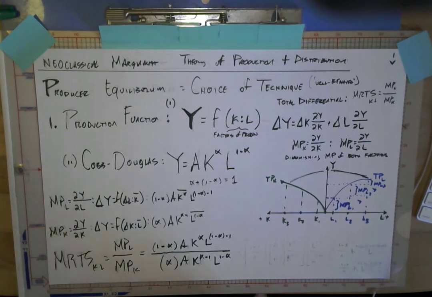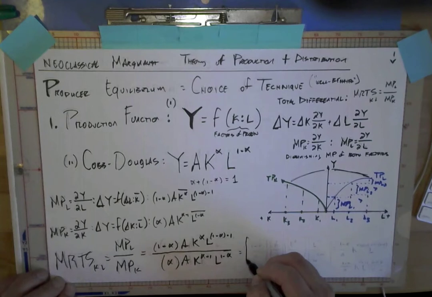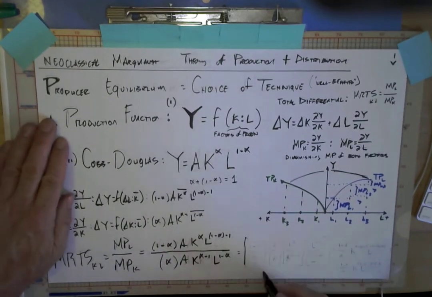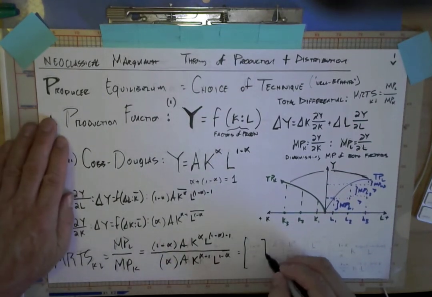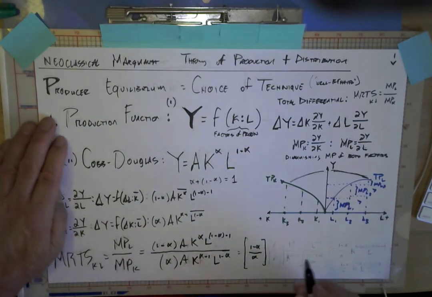So then you're going to break up that fraction. This is going to be equal to the first bracket, 1 minus alpha over alpha. So whatever alpha is, the parameter, you're going to be able to know what that constant term, or that shift parameter, is going to be.